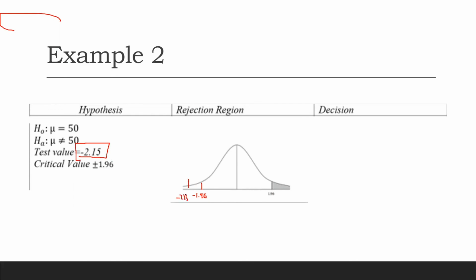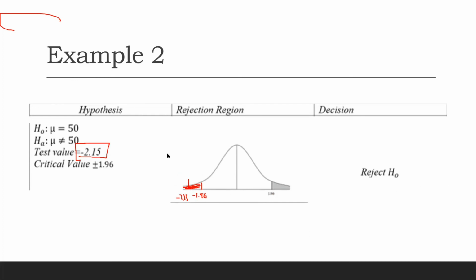Tama? If nandito yung ating negative 2.15, the test value, which is in the rejection region, then therefore, the decision is rejected. The null hypothesis is rejected, kasi nag-fall siya sa ating rejection region. Therefore, the decision is reject.